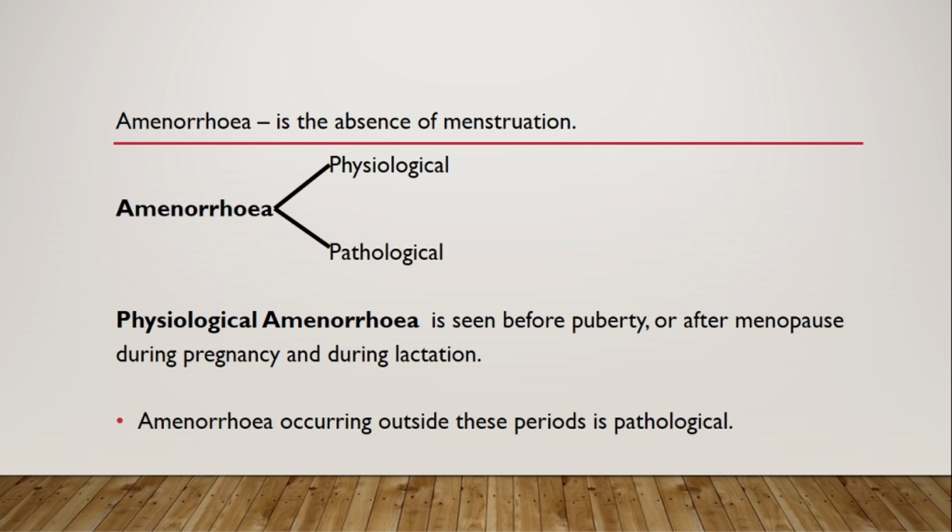Physiological amenorrhea is seen before puberty or after menopause, during pregnancy and during lactation. Amenorrhea occurring outside these four periods is pathological.